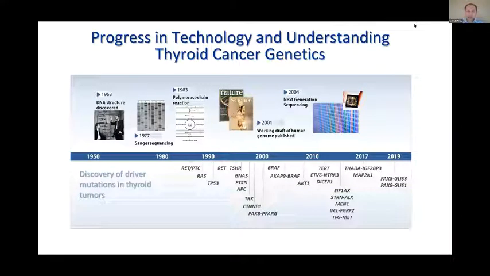This technology led us to dramatically expand our knowledge of the genetics of all human diseases, and of course oncology, and of course thyroid cancer. And that's again what we are going to discuss during the whole day of our symposium.